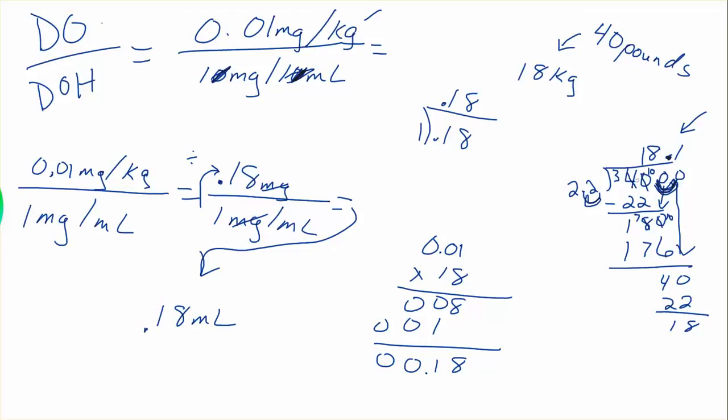So 22 will go into 40 one time. So 40 minus 22 is going to equal 18. We're going to drop the 0, and then we're going to say 22 can go into 180 eight times, and that gives us 176.